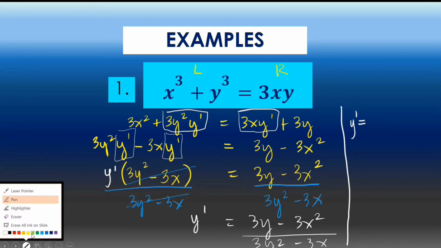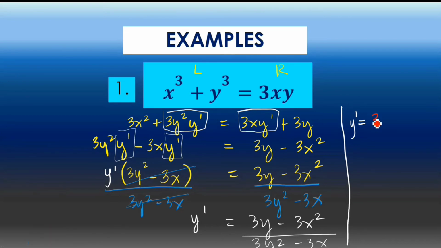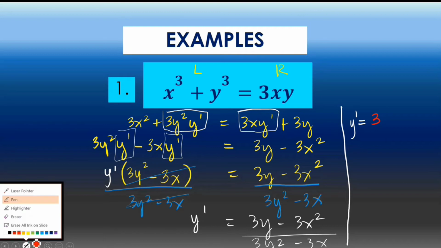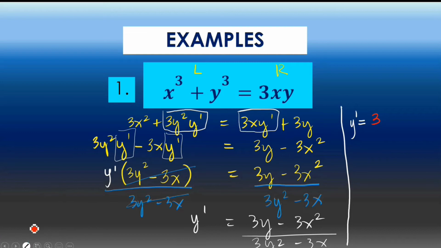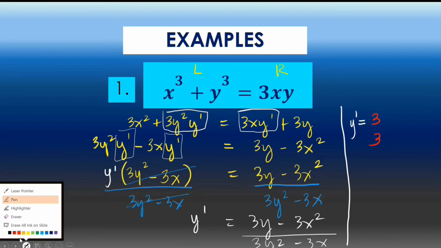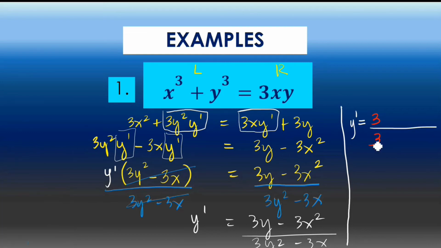So let us factor the right side. Okay. So the numerator, if we factor out the 3, we're gonna have y minus x squared.